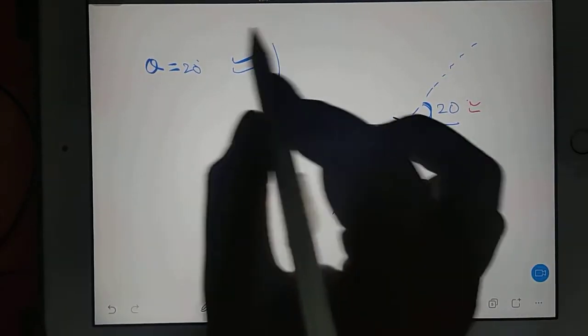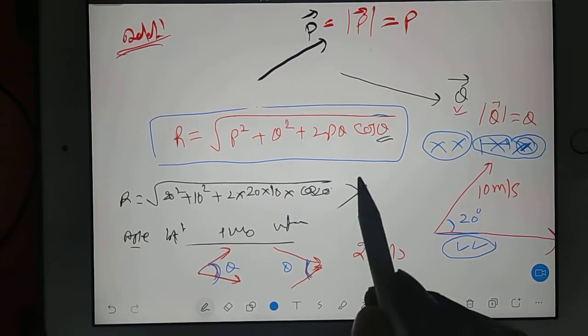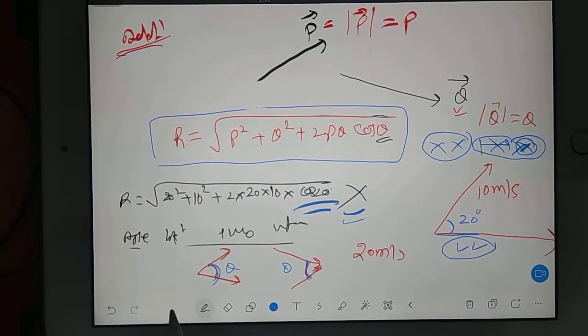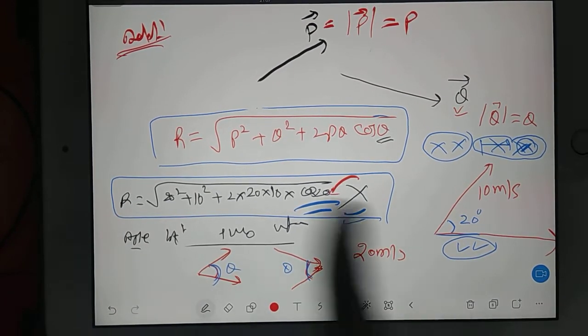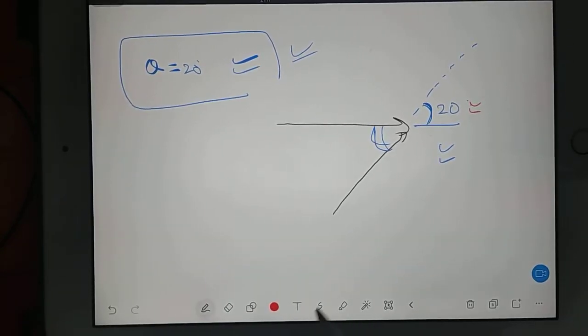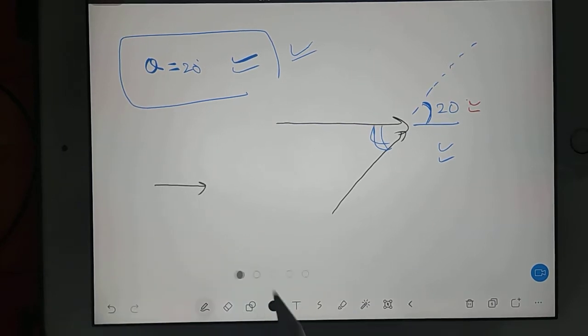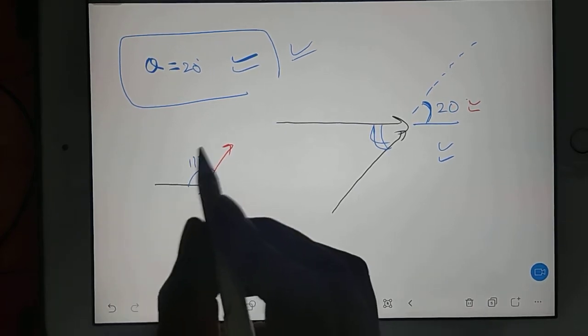But if you know this logic, then only I will say your answer is absolutely correct. But if in a hurry you have kept 20 here, then I will not accept it. Why? I will explain. See, now some students in a hurry, suppose one vector is given here and another vector here, and this angle is given as suppose 110 degrees.